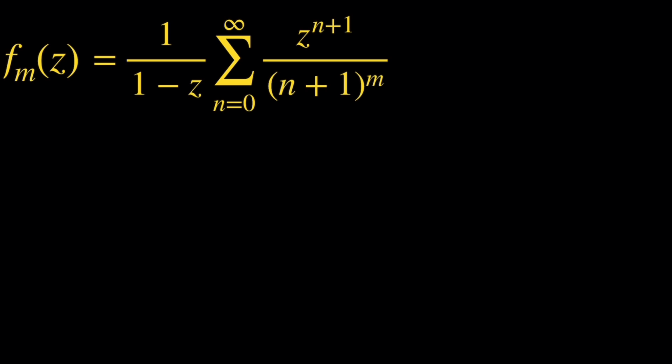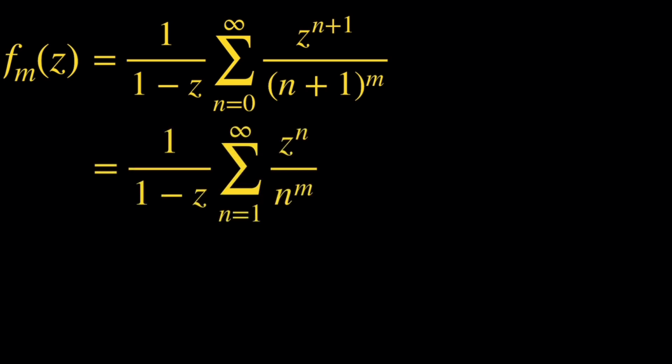Now we just compute the integral, and we get exactly that f_m at z is equal to 1 over 1 minus z times the sum as n goes from 0 to infinity of (z^(n+1) divided by (n+1))^m. Now we rearrange the terms by simply replacing n plus 1 with n. In that case, n is going to start from 1, not from 0.